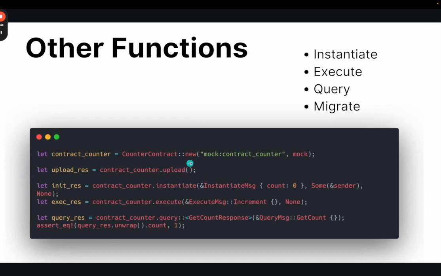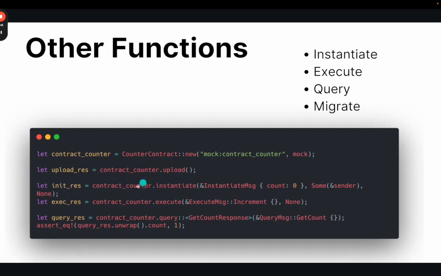So in this example, we create a new instance of our struct right here. We can see that we're creating a new counter contract. We're passing in the name of the contract and then the instance of the chain that we're using. And in this case, this instance is the mock environment, which is a struct that implements the appropriate methods for an environment.